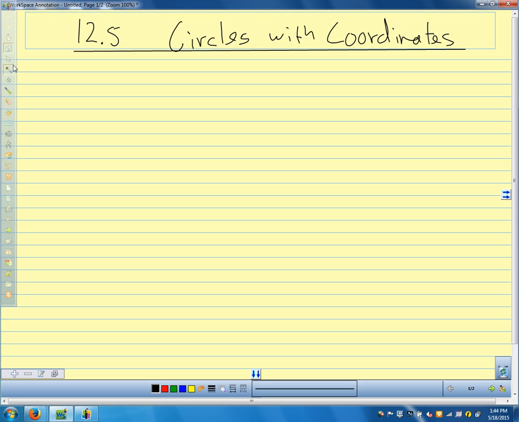All right, so we said a while back, when we first started talking about circles, I think when we were talking about the area of circles, we came up with a definition of a circle.